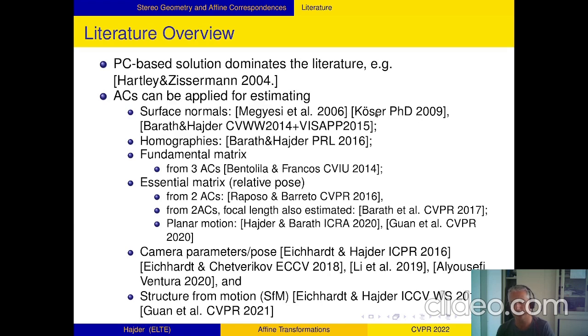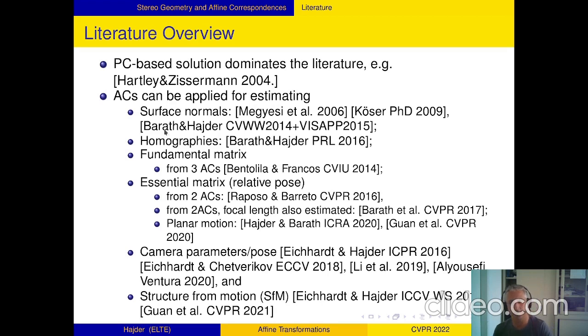Maybe the first general paper, which also considered the estimation of surface normals, but also the camera parameter estimation, is the PhD dissertation of Kevin Köser. Then several papers are listed which were written by the members of our research group.